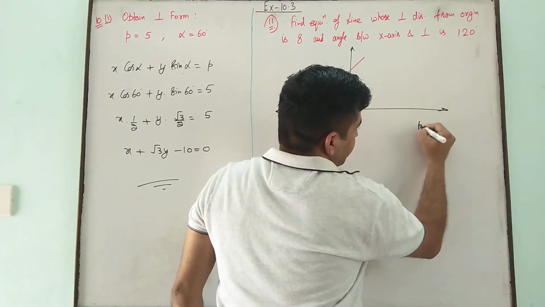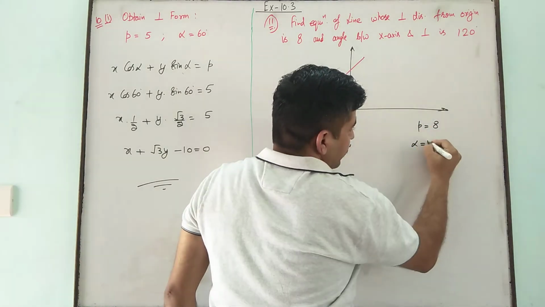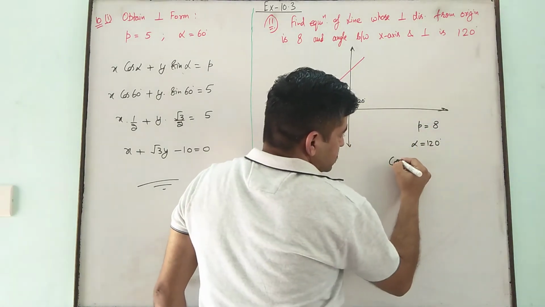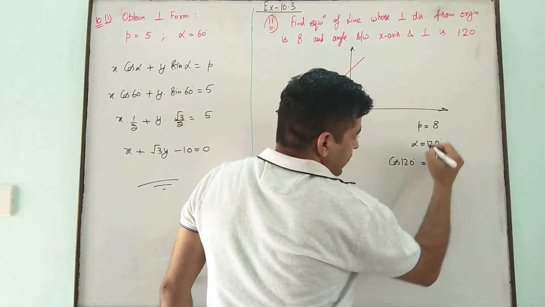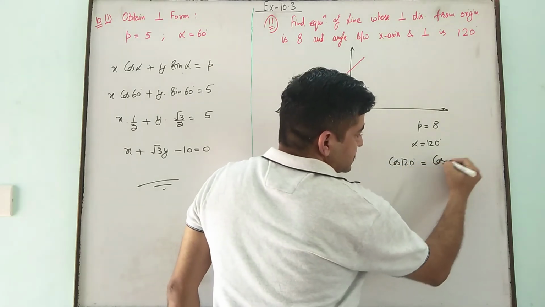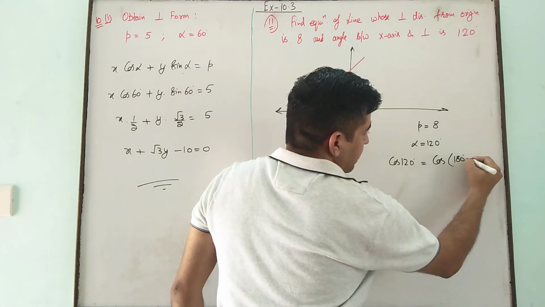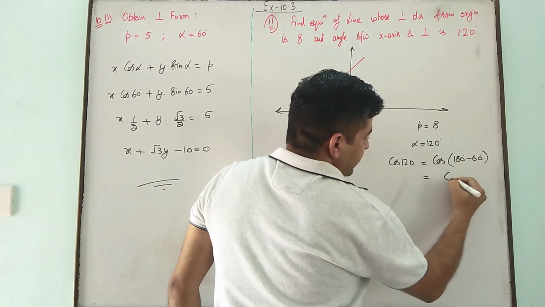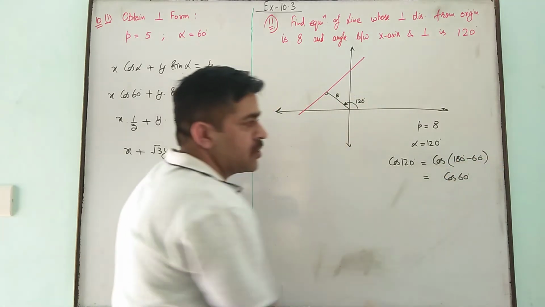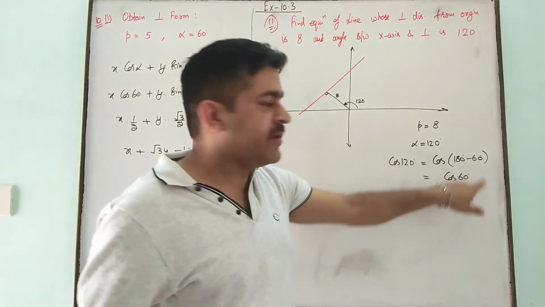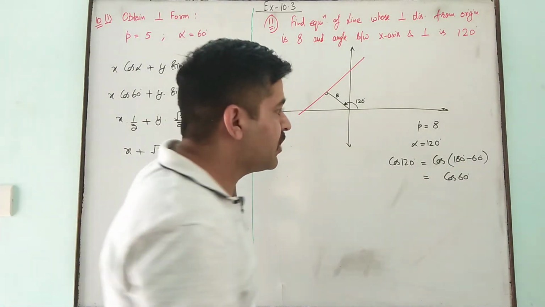As p is 8 and alpha is 120, cos alpha, as we know the concept now that cos 180 minus 60, 180 means cos will remain cos, second quadrant, 180 minus theta means second quadrant.